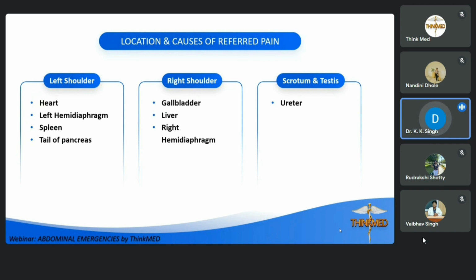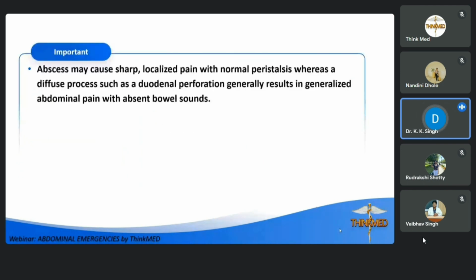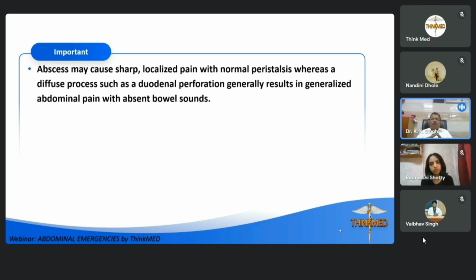Abscess also causes sharp localized pain with normal peristalsis. That means if you have an abscess in the abdominal cavity, the peristalsis will be normal, whereas if there is perforation or obstruction, then the peristalsis will be abnormal depending on the situation.